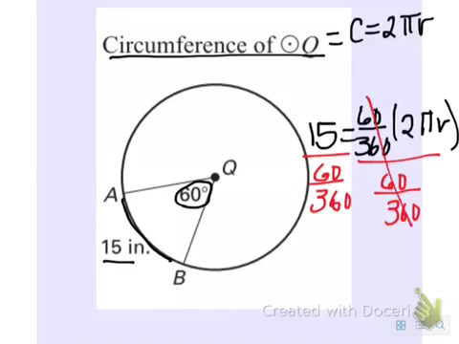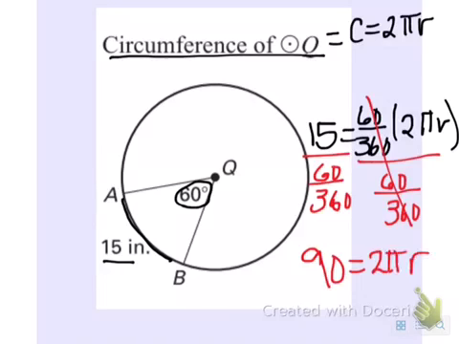They cancel on the right. I get my calculator out and say 15 divided by fraction 60 over 360 equals, and that gives me 90 equals 2 pi r.